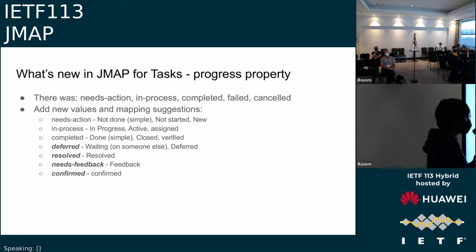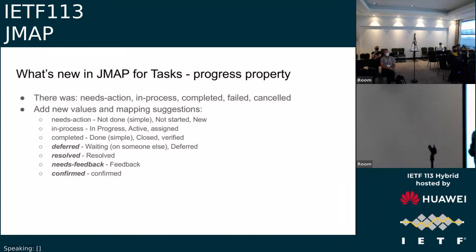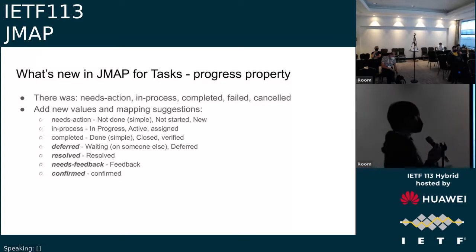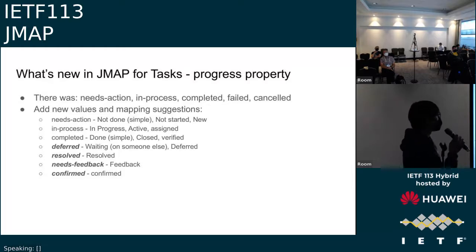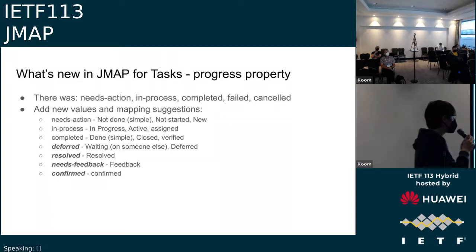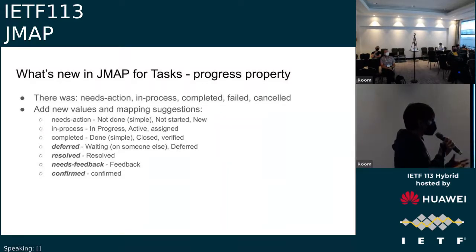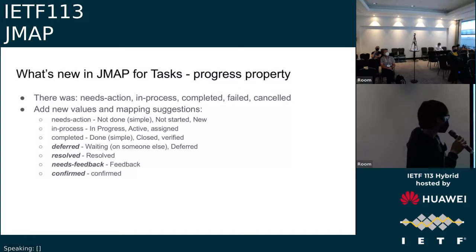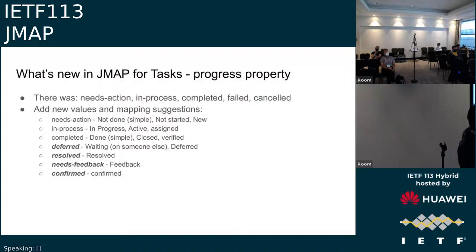For example, there are some simple systems that have only done or not done, which was not so obvious for me how to map. And also, yes, there are some issue-tracking-specific values like deferred or waiting or resolved or feedback. So basically this is the mapping I came up with.